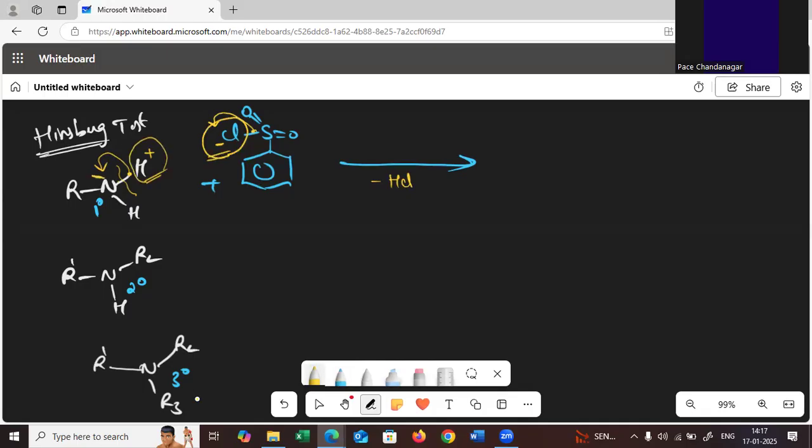Nitrogen is negative, sulfur is positive, so it just directly attacks. What do I get here? Sulfur with double bond O and double bond O, and then your nitrogen comes up here with one hydrogen and one R group. This is what you get.